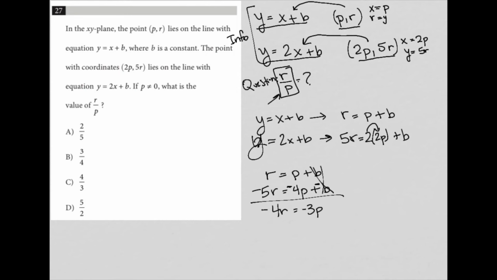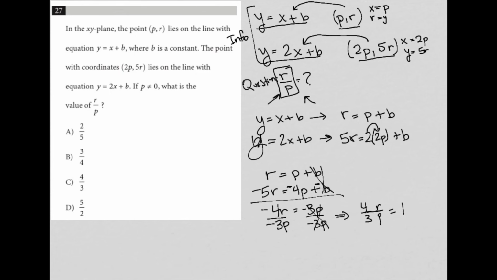So again, I'm still trying to figure out, well, what is R divided by P? So if I divide both sides here by negative 3P, what I end up with is negative 4 divided by negative 3 is 4/3, and then I still have R over P, right? And this would equal 1, because negative 3P over negative 3P is positive 1.